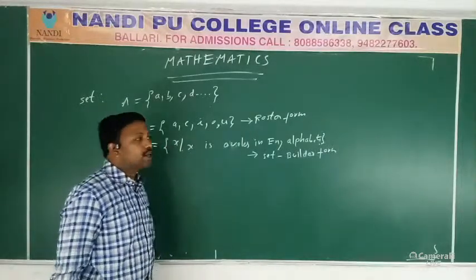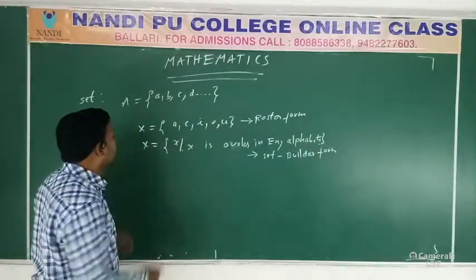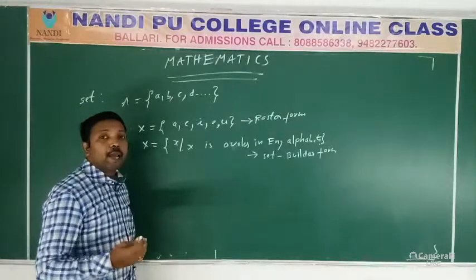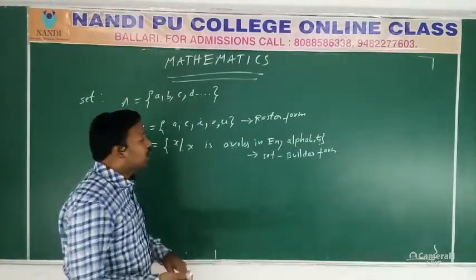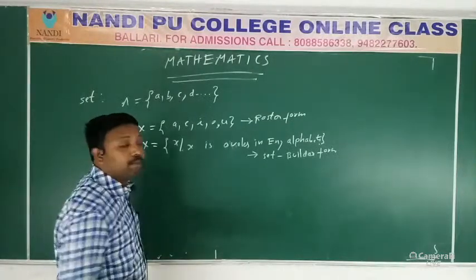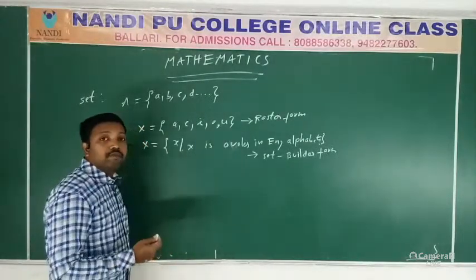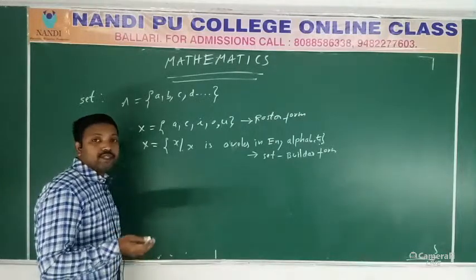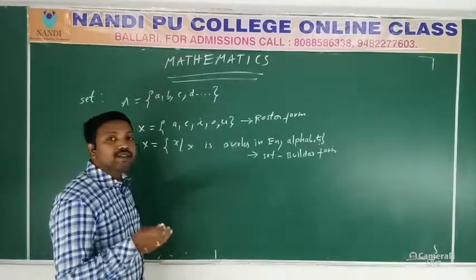And next, what we learned is different types of sets. One more thing is order or cardinal number. What is the order? It means the number of elements present in a given set.